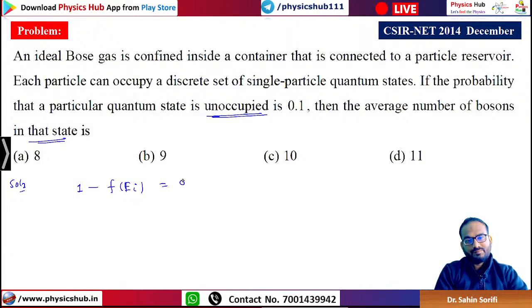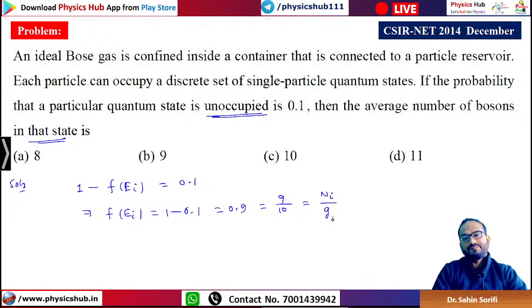This is given to you, 0.1. So probability of being occupied is 1 minus 0.1, means 0.9, and 9 means 9 by 10, and that is, you see, Ni by Gi, you can say. So this is the average number of bosons in that state, right?